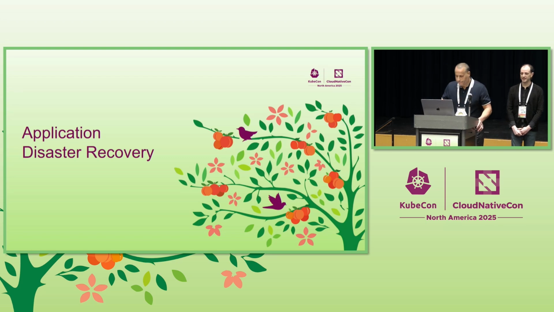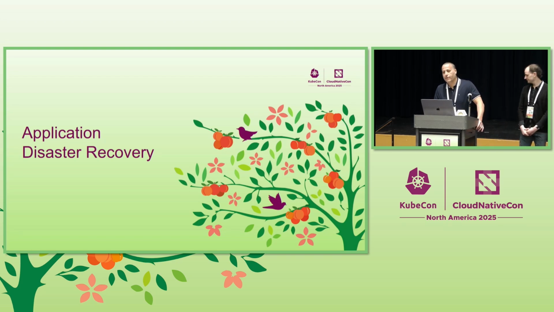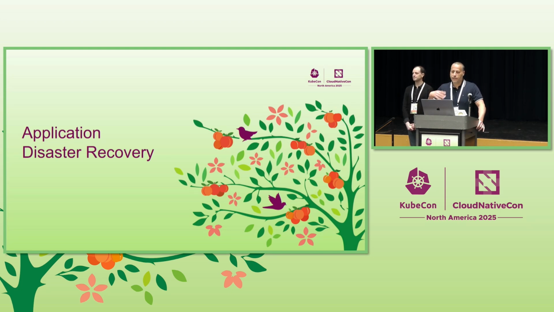Hi again. So we'll talk about application disaster recovery. In the next few slides, I will talk about how Rook and Ceph contribute to setting up disaster recovery at the volume level, and then we finish up by showing the application disaster recovery, how all of that fits together.